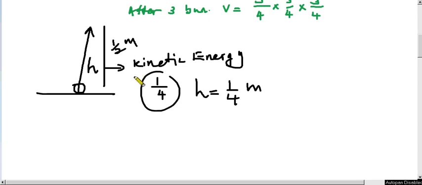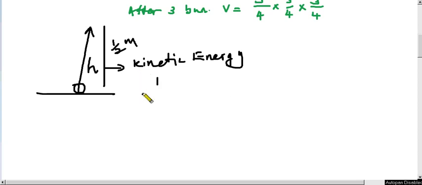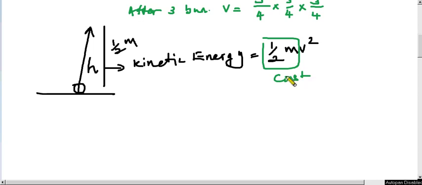So kinetic energy is the factor that determines the height to which the ball reaches. Therefore we have to consider kinetic energy. Kinetic energy is equal to half m v squared. We don't have to consider this half m because that is constant. Therefore kinetic energy is proportional to v squared.